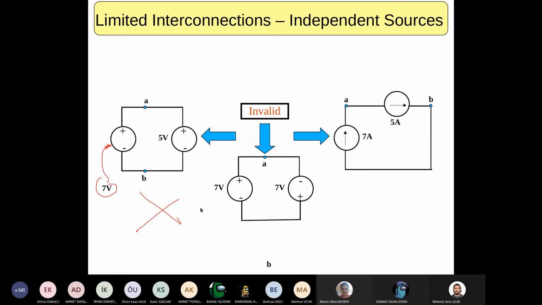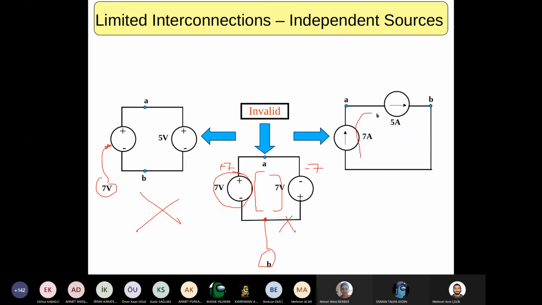This cannot happen. By the way, this B has to be here too. The voltage across the terminals A and B should be equal from this branch with this branch. It's 7 on one side, but minus 7 on the other side. So this representation is also invalid.